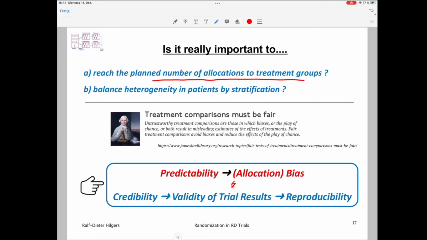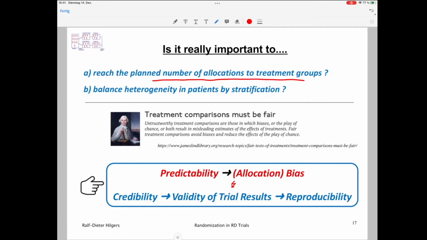Even if you intend to have a one-to-one allocation ratio, it's not a mandate. It's not very important to preserve that at the end, because the loss in power is very small for a very broad range of unbalanced frequencies at the end. And you will have that with missing data every time, and overrunning and underrunning every time. No problem. And what about balancing heterogeneity in patients for stratification? I come to that in a moment. I will have so much discussion on that, so I will avoid that discussion right now.